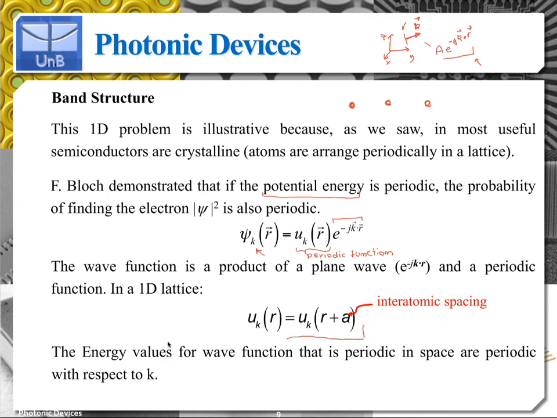Furthermore, the energy values for the wave functions are going to be periodic with respect to k as well. So if you make a graph of the energy eigenvalues, or the eigenenergy, as a function of the wave vector k, or actually the magnitude of the wave vector k, the curves are going to be periodic with respect to k.